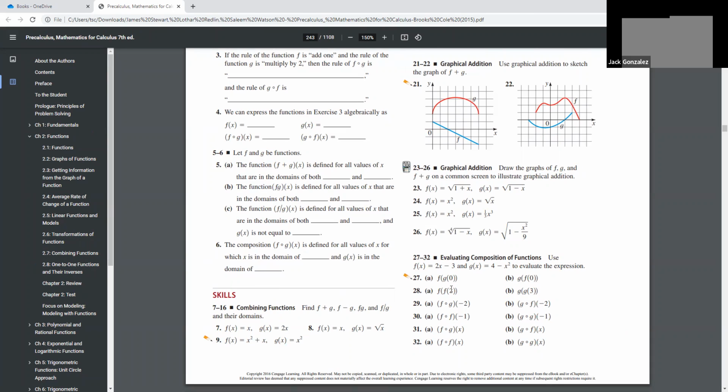Okay. All right, that's fine. You write that down. So I'll switch back. 29. 2.7, 29.